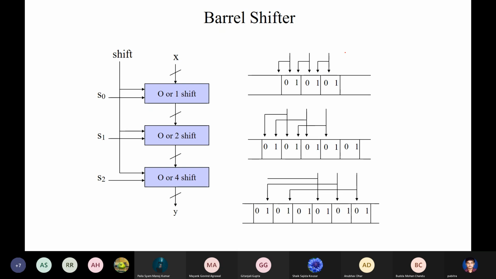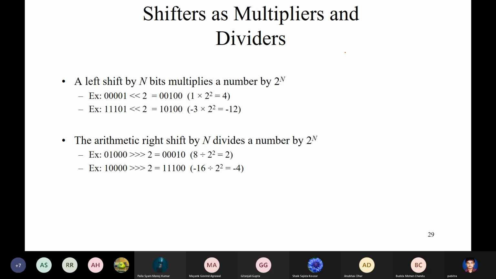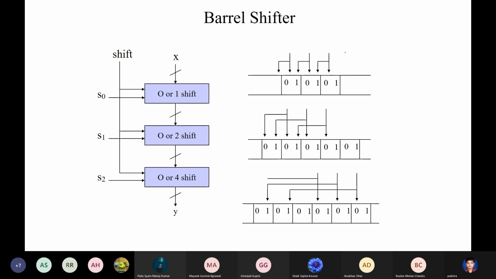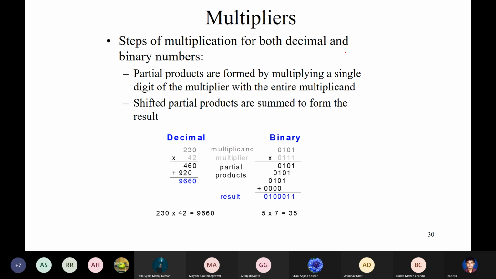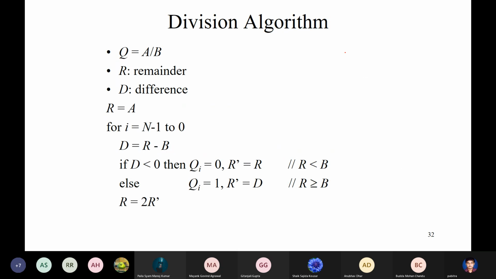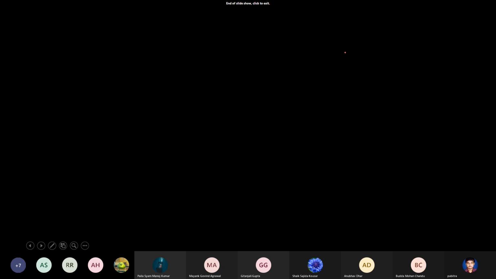It's motivated by wine cellars, how the wine barrels are moved in a very efficient way. I don't think we have time to talk about this barrel shifter circuit, but it's a very nice circuit. You can look at it. You can use all these shifters to multiply and divide and all these things. I'm not going into them.